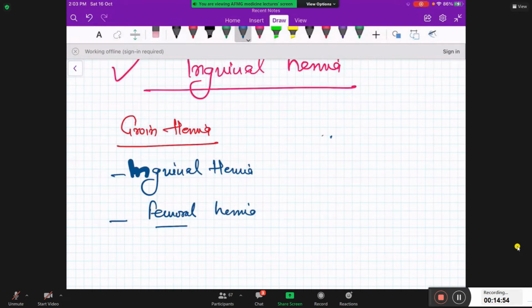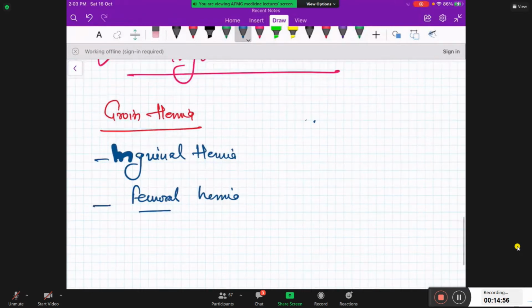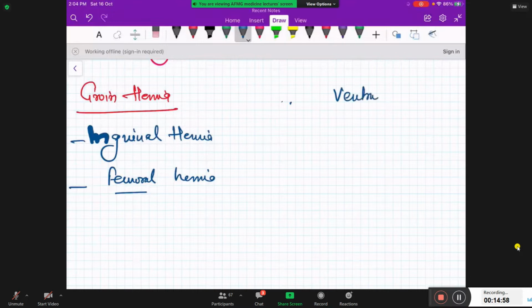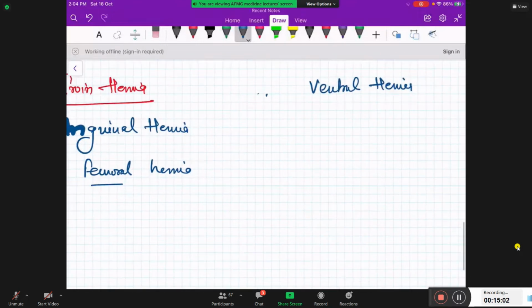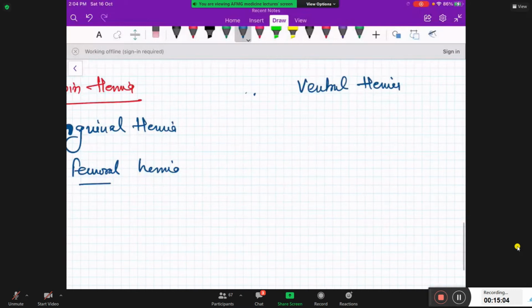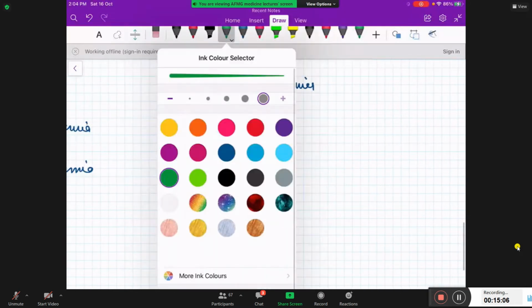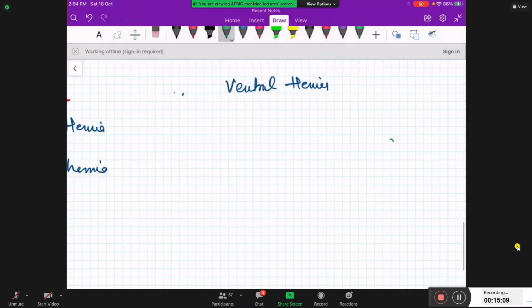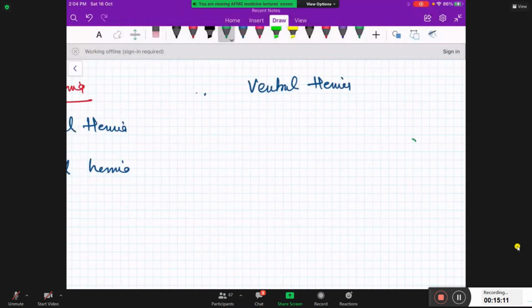Okay. Then there is something called ventral hernia also. Now let me first give you the definition. And then I'll ask you, what is your take on this ventral hernia? Ventral hernias are those hernias which are coming out from the anterior abdominal wall fascia.